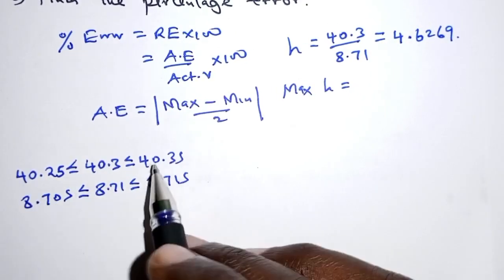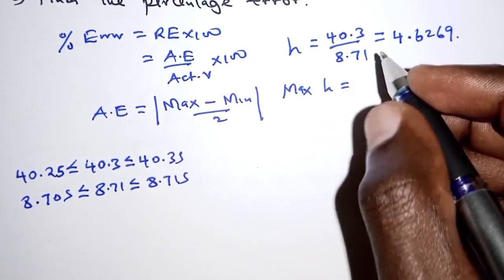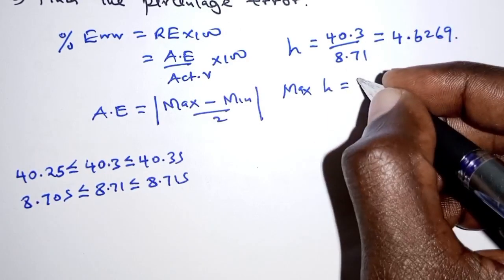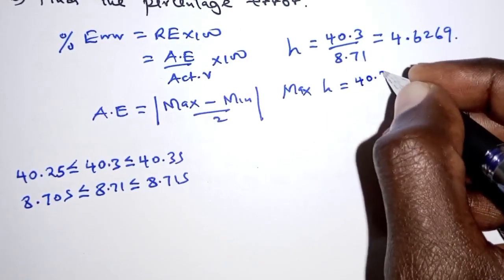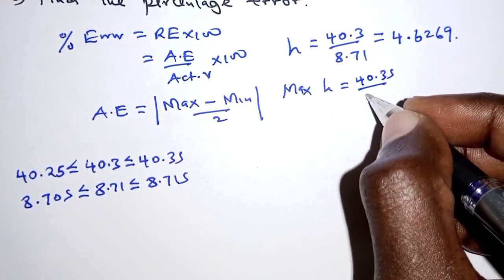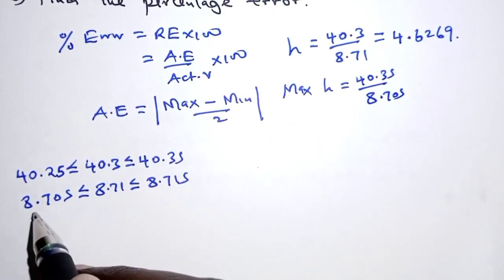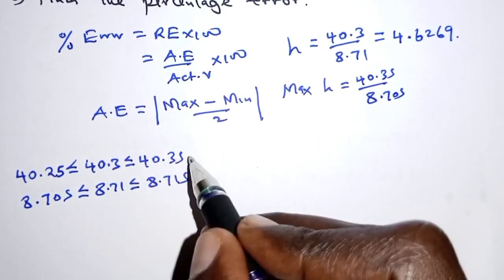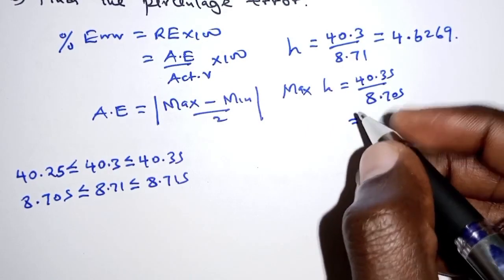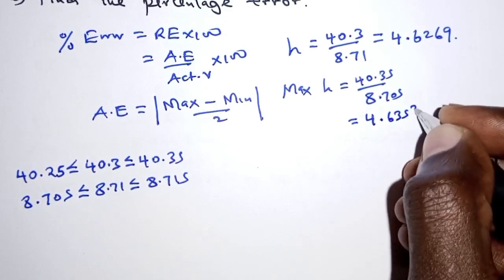And for the lower limit, we subtract so that we get 8.705. So using these, for maximum value of H, we'll have the maximum value of 40.3, which is 40.35, over the minimum value, which is 8.705. So we have the minimum here and maximum there, and that worked out should be 4.6353.